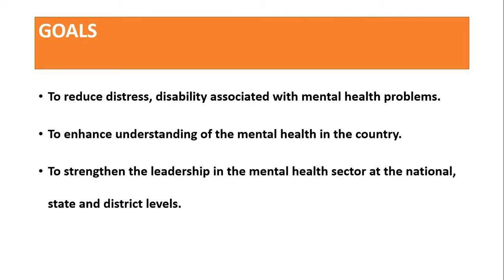Next are the goals: to reduce distress and disability associated with mental health problems, to enhance understanding of mental health in the country, and to strengthen leadership in the mental health sector at the national, state and district level.